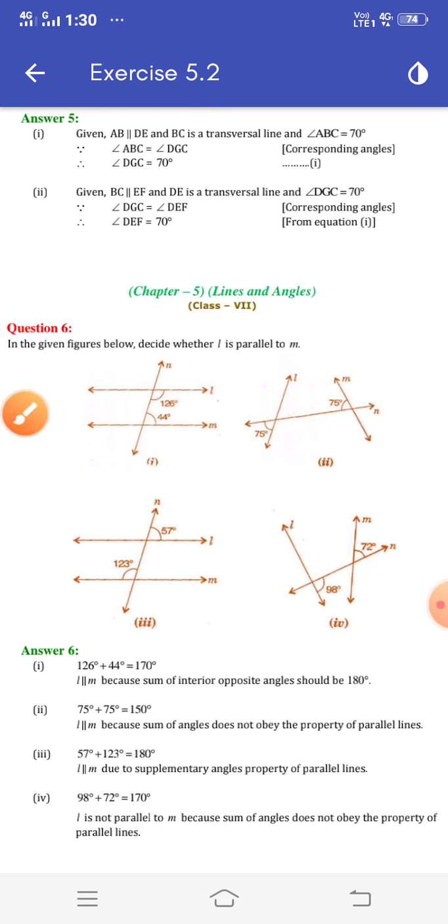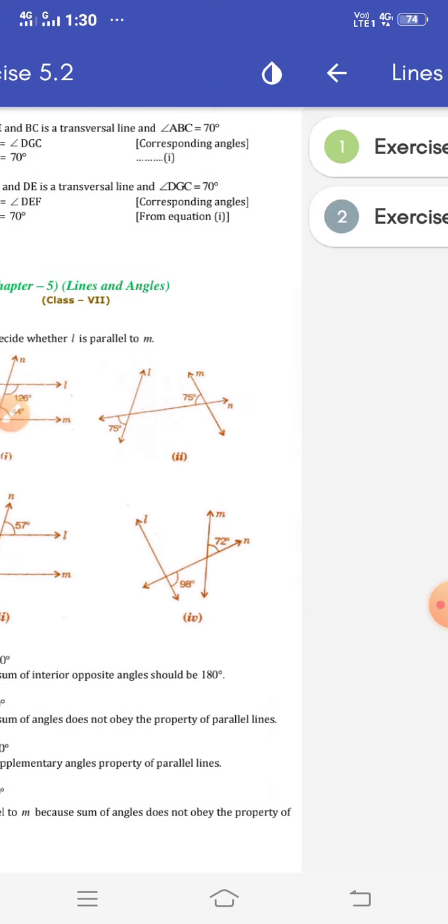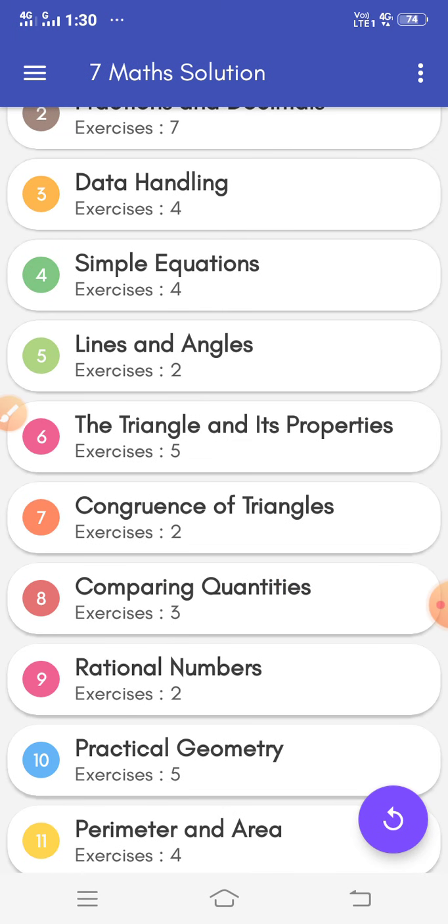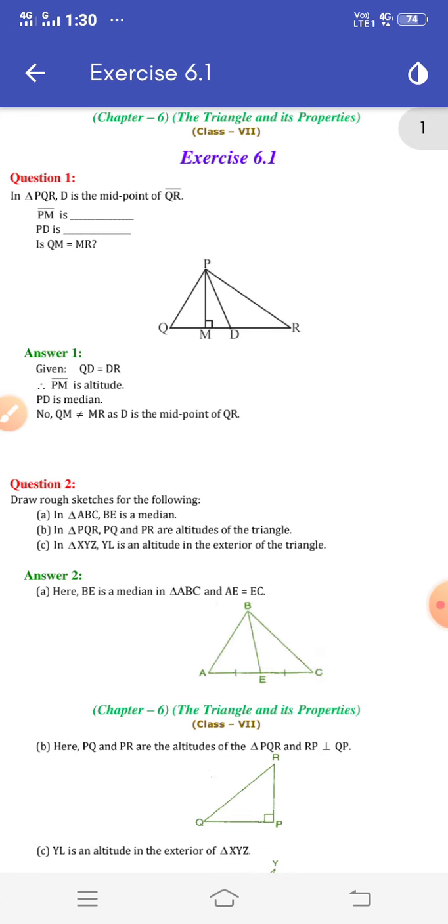Okay students, now start the next exercise, exercise 6.1. In sum number one, the figure is given and you have to do these fill-ups.